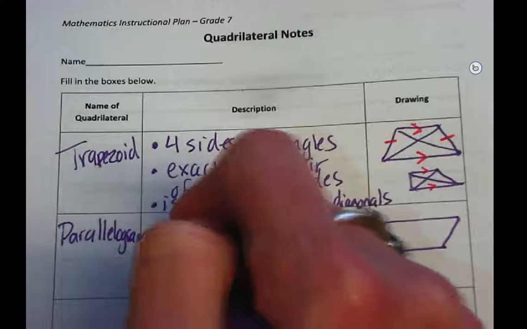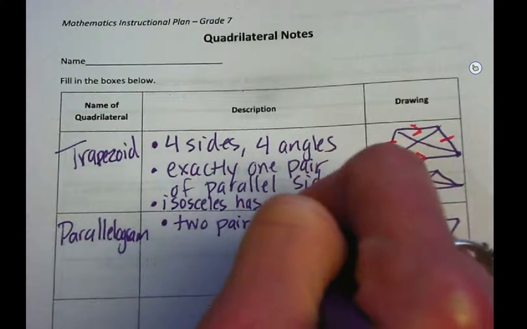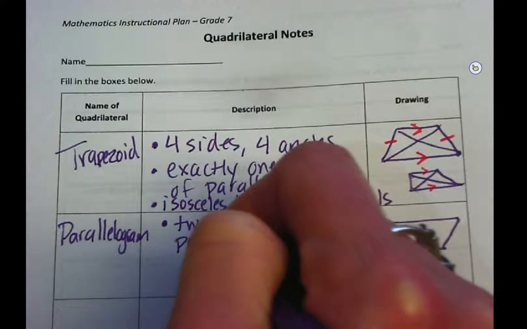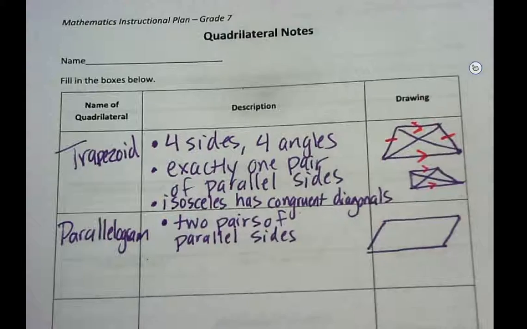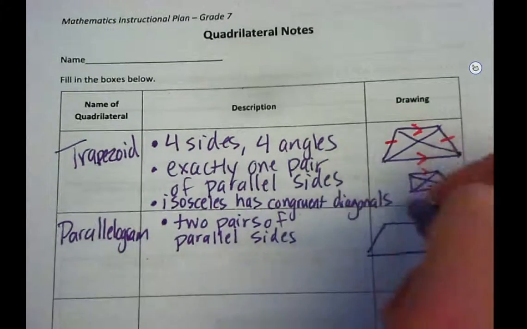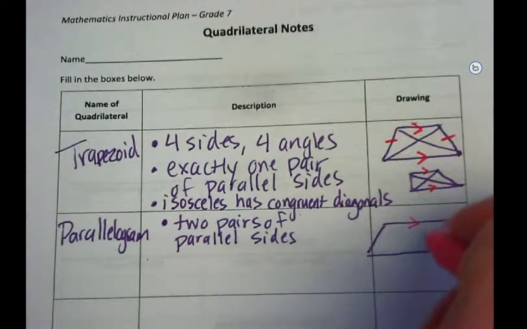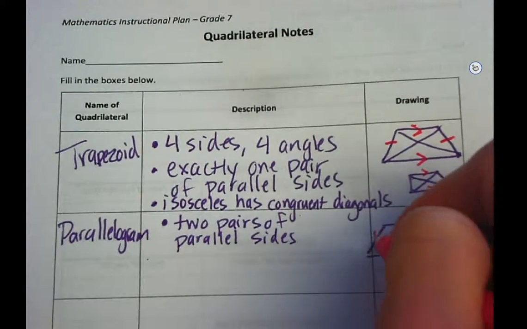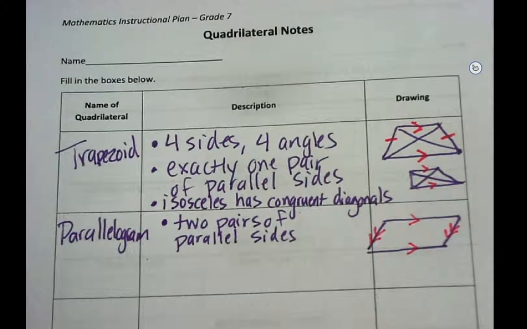It has 2 pairs of parallel sides. So these 2 sides are parallel, and then also these 2 sides are parallel. Okay, so 2 pairs of parallel sides.